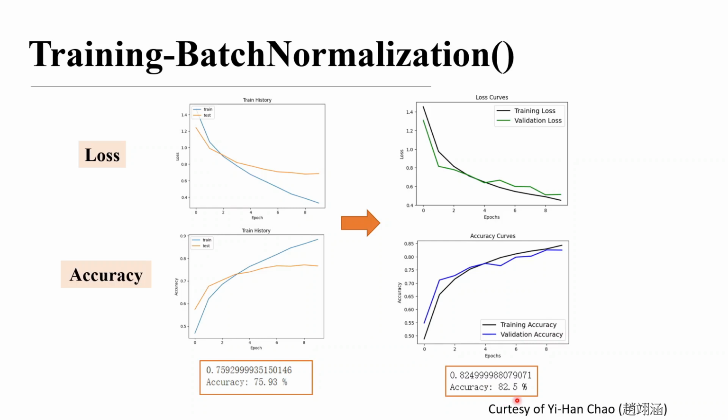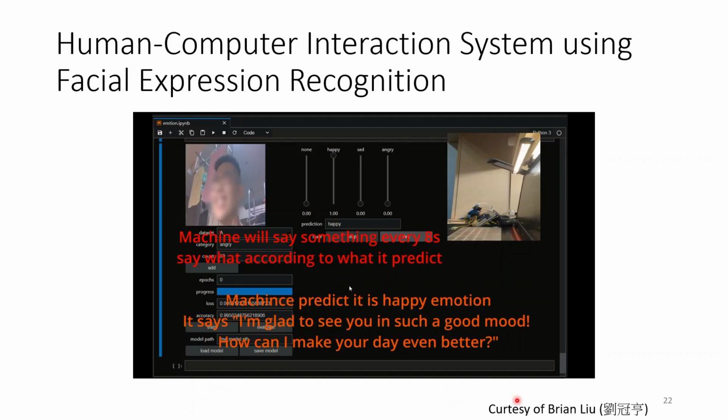But what is the batch normalization layer? One of your other classmates, Mr. Liu, tried to develop an embedded system that can recognize users' facial expressions.